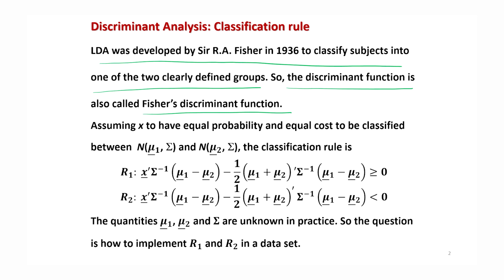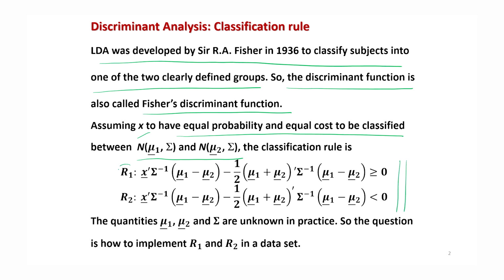If you try to recall, we had considered two multivariate normal populations, normal mu1 sigma and normal mu2 sigma, and we assumed that an observation has equal probability and equal cost of being classified into either of these two populations. The classification rule we derived is like this.